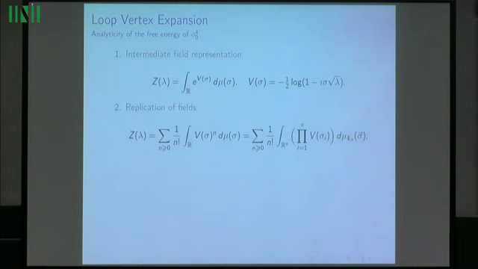Now I Taylor expand the exponential here. I interchange sum and integral, but I'm allowed to do so because I have a log. So this is okay. And now I do this replication. This V of sigma to the n, you see, I had one copy per vertex. But there is a price to pay, which is that I have to degenerate the covariance. Before, I had covariance 1 for my real sigma field. Now the covariance is an n by n matrix, and it's full of ones, only ones everywhere.